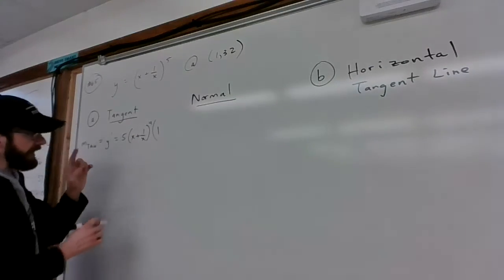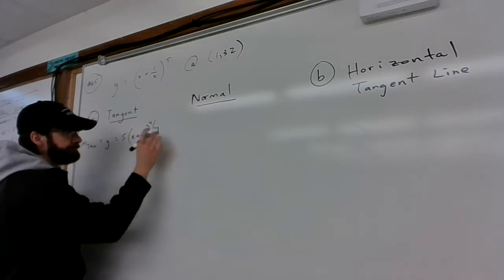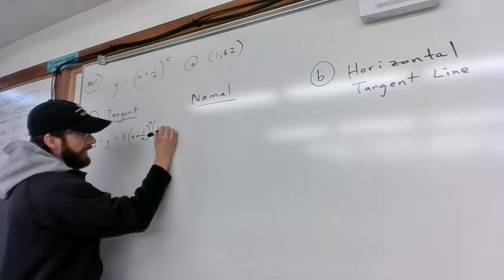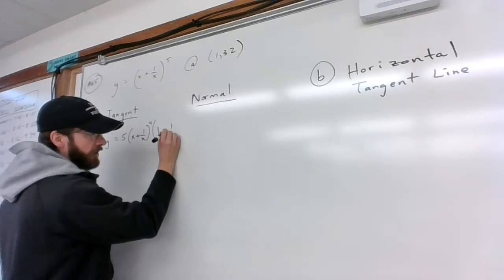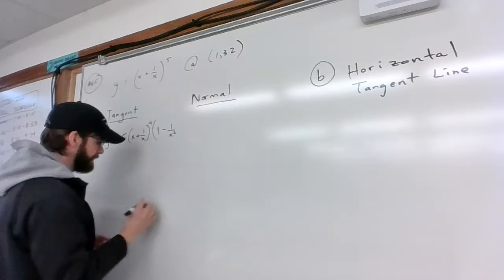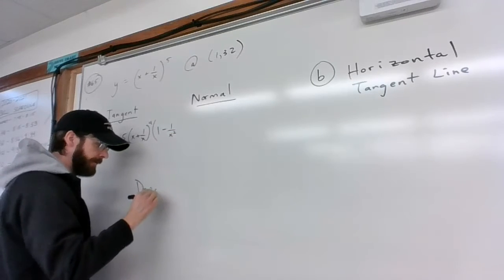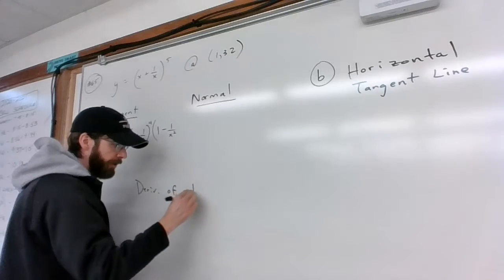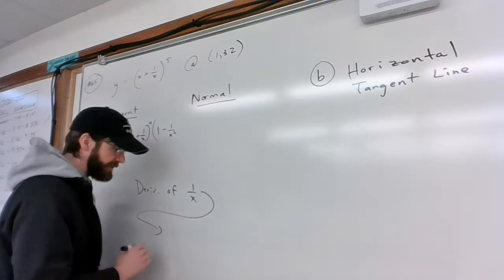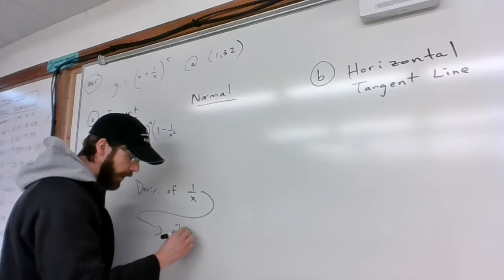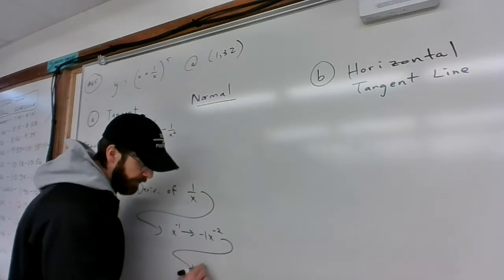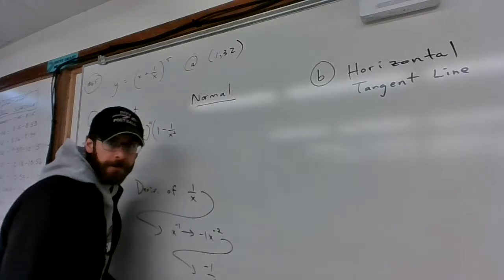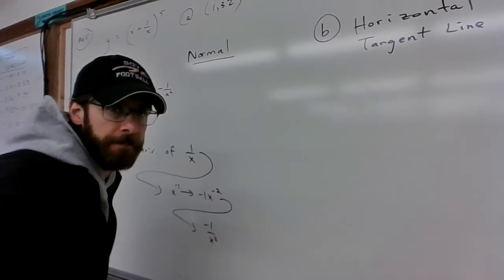The derivative of x to the negative 1 is going to be negative 1 times x to the negative 2. I'm just going to call it negative 1 over x squared, which I just rewrote as negative 1 over x squared. Okay?